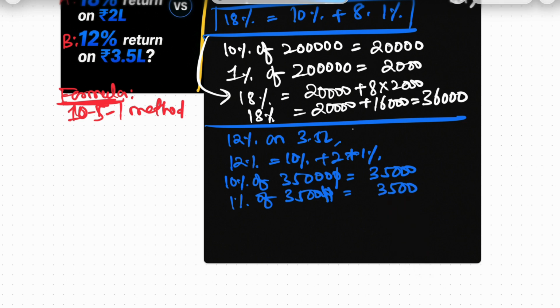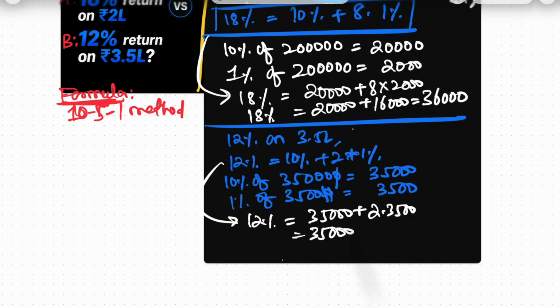Now applying the formula, 12% becomes 10% plus 2 times 1%, so 35,000 plus 7,000, which is 42,000.